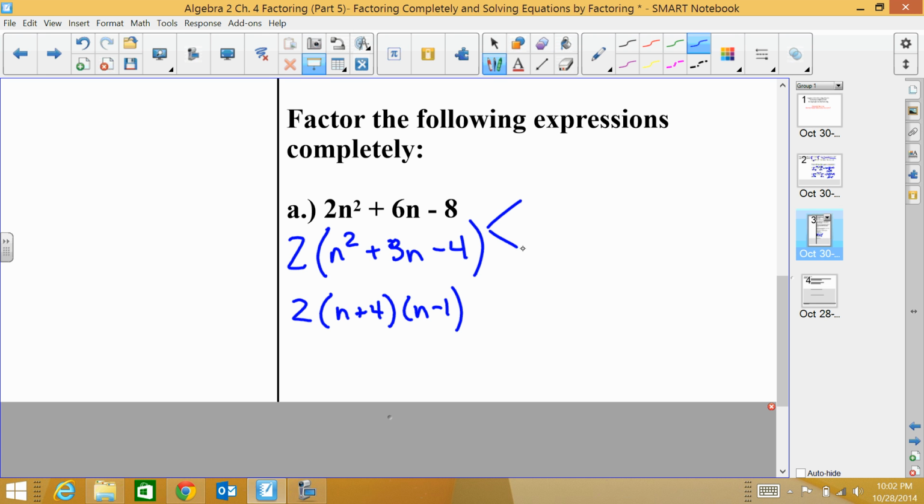Because this negative 4 turned into, I wanted it to add to be 3. I had a positive 4 and a negative 1. So that's where I got my factors from. And then there's nothing else left that I could factor. These are all simplified as much as possible. So if I was to multiply this all back out, I should end up with 2n squared plus 6n minus 8. All right, let's try another example.